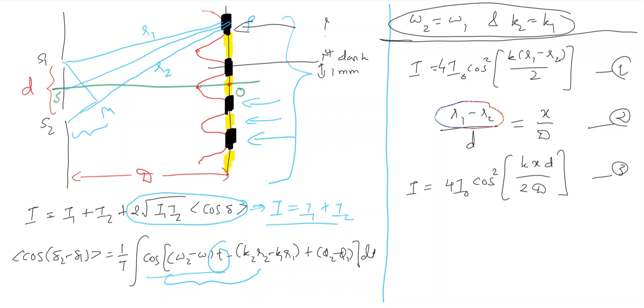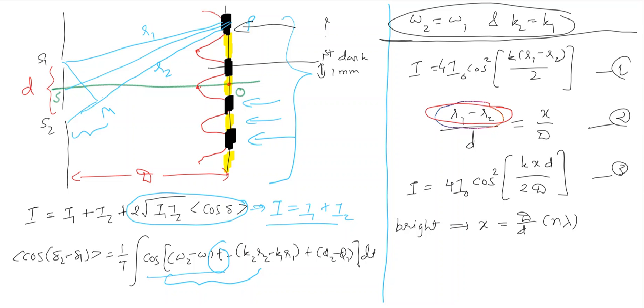So we know in the last video we saw that for a bright fringe, for constructive interference, the position can be given as n lambda. How did I get it? I have simply substituted n lambda in this case and made x the subject of the formula, because n lambda is the condition for constructive interference.